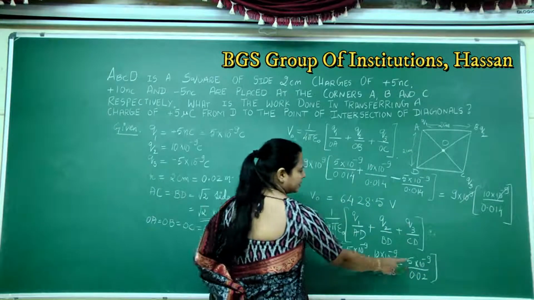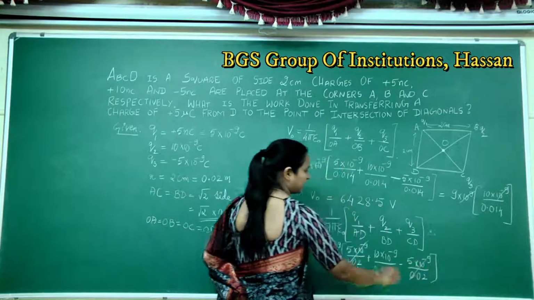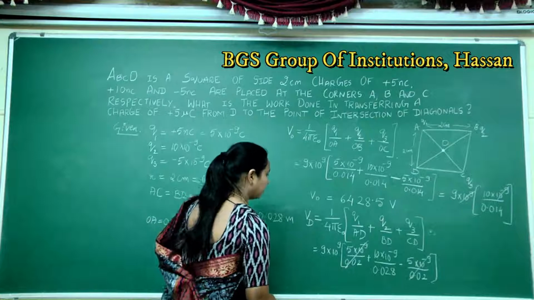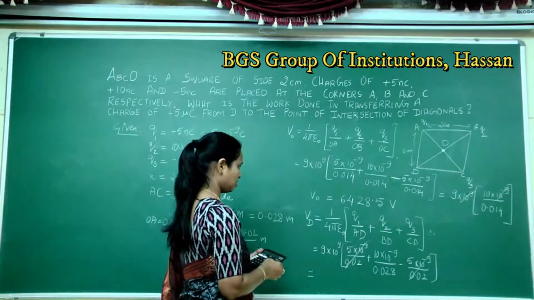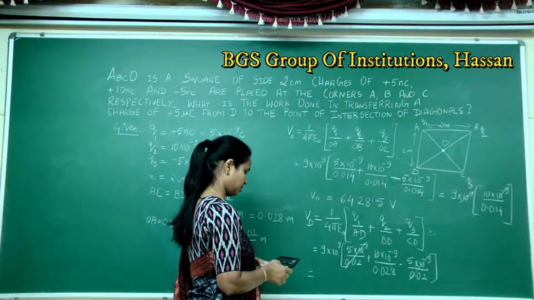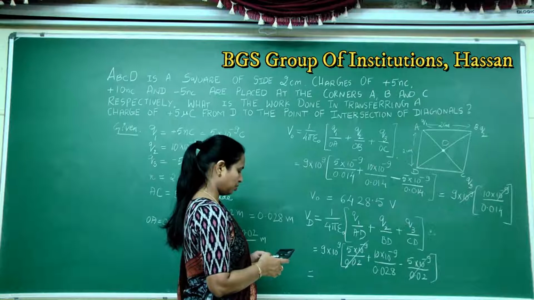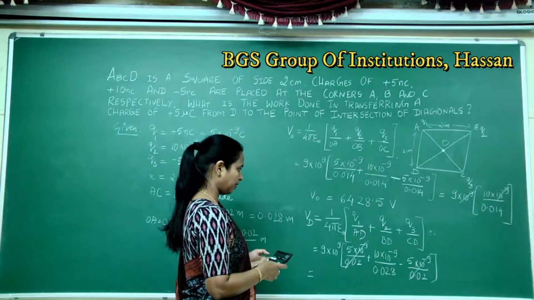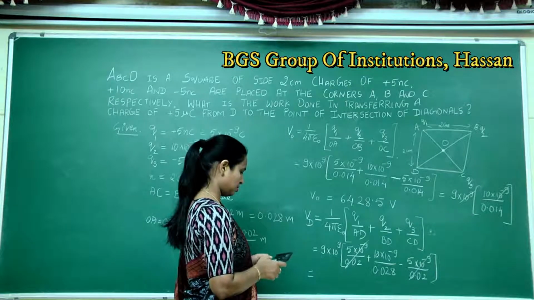Again plus and minus both are having the same value, get cancelled, and we have how much? 0.028 into 9.